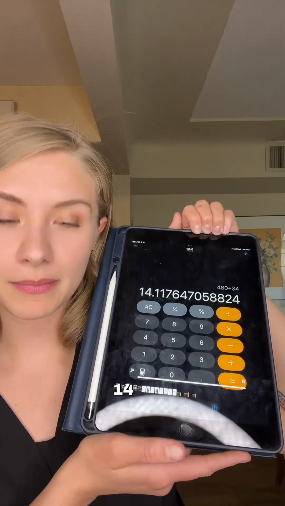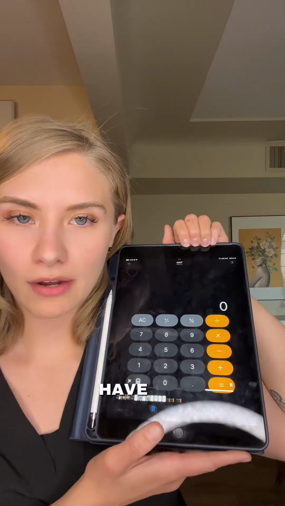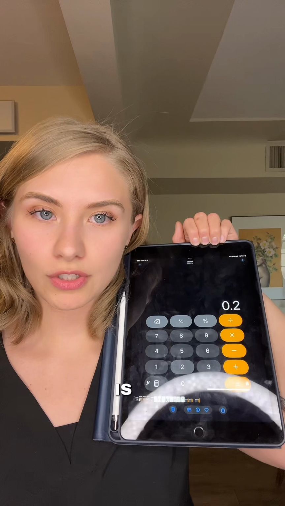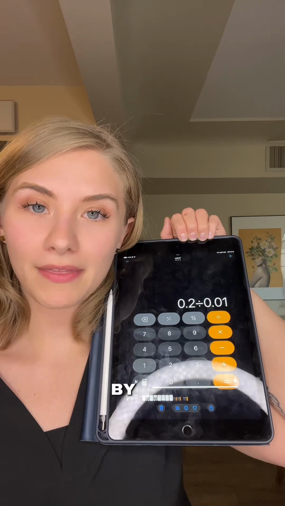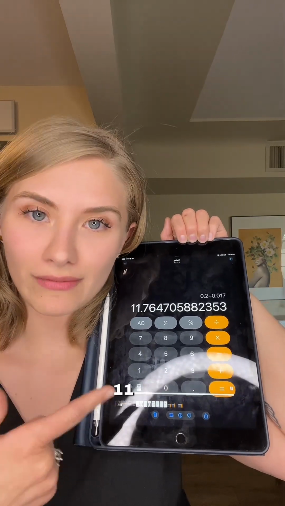That's gonna be 14. But now you have to figure out, okay, I can give them 14 cartridges of lidocaine, but what's gonna be the concentration? Now you have to do the epinephrine, which is going to be 0.2, because this is the healthy dose. Then you're gonna divide that by the amount of concentration they're gonna get, and that's 11 cartridges.